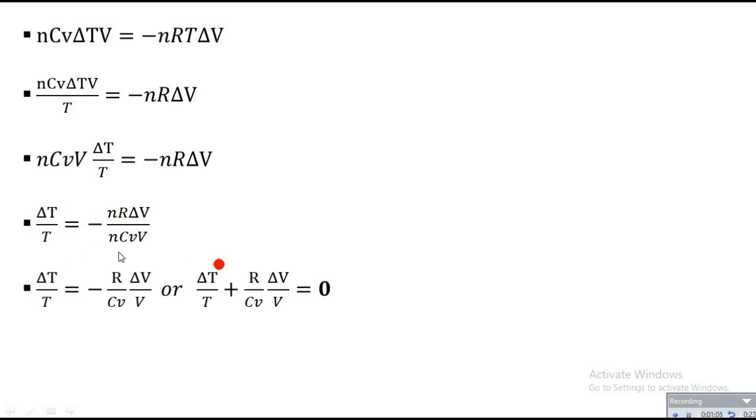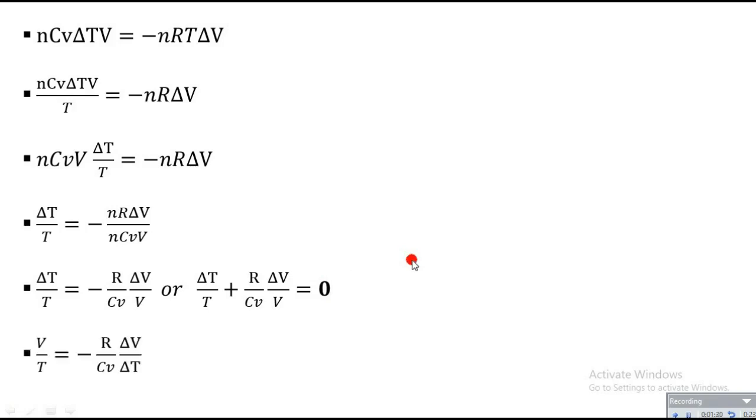Then dT over T plus nR dV over nCV times V is equal to 0. You can see that the two n cancel, they are the same. Or you can get dT over T plus R dV over CV times V is equal to 0.